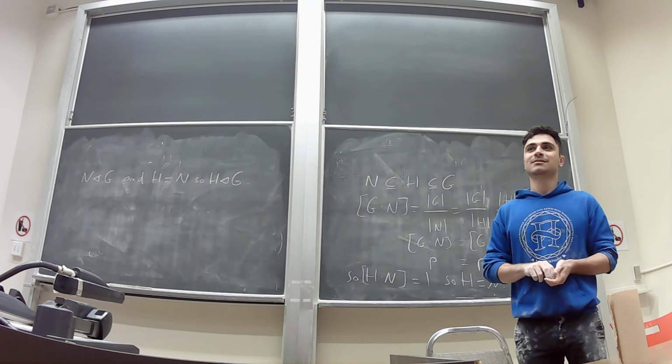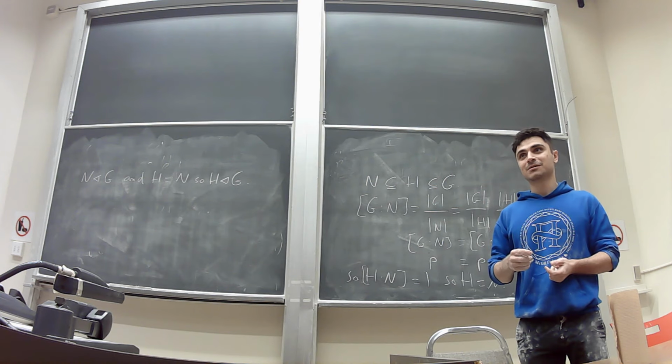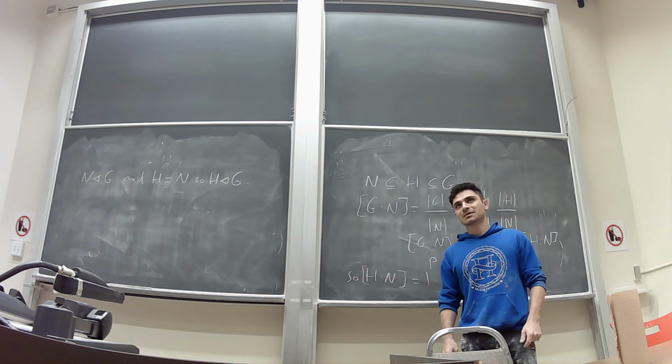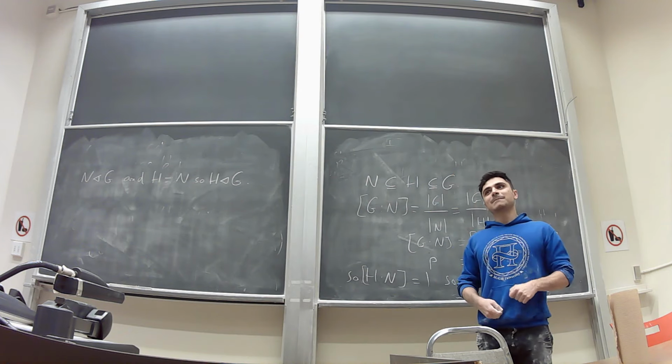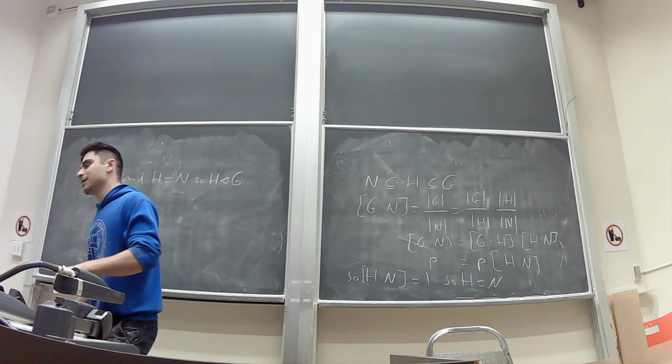If we didn't use this kernel argument, would it be the same idea that we use for index 2, where we have the smallest P and then there's no room for other ones? Well, okay. I'll give you a hint.